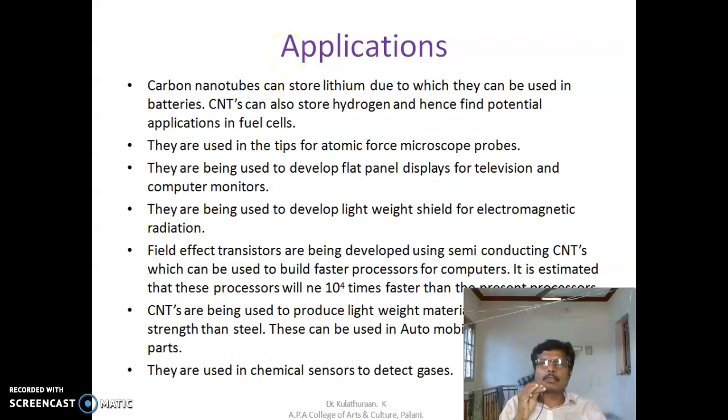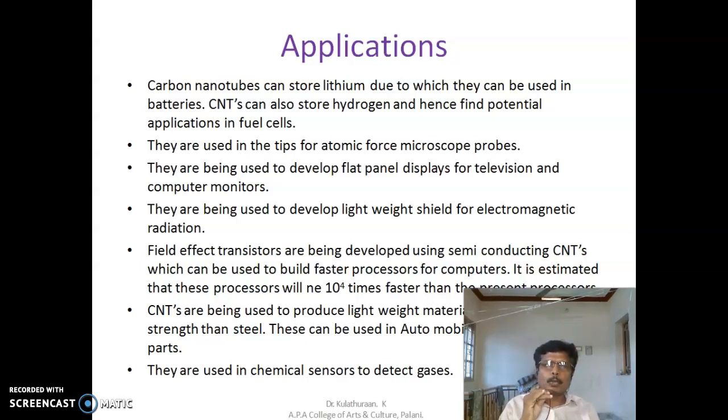Then the applications of carbon nanotubes. Carbon nanotubes can store lithium, through which they can be used in batteries. They can also store hydrogen, and hence have potential application in the field of fuel cells. They are used as the tips in atomic force microscopes.